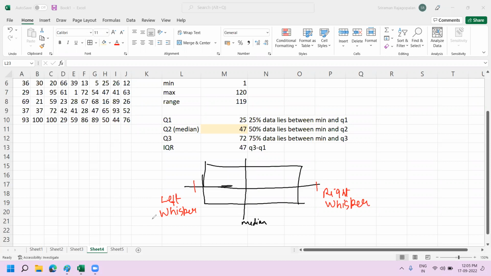Now, what is the meaning of these whiskers? The left whisker is the minimum value of the data which is not an outlier, and the right whisker is the maximum value which is not an outlier.